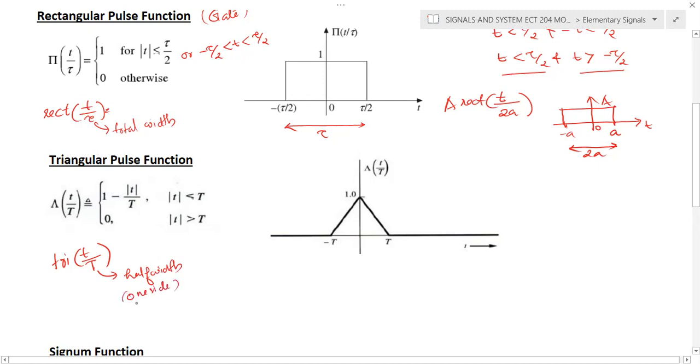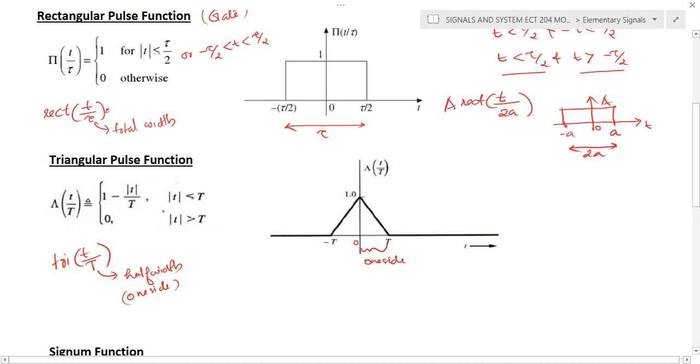That is very important. Sometimes you may be confused with this. So here you can see that the denominator is actually the one-side width. So the denominator T indicates half width. Total width is 2T, but we will write T.